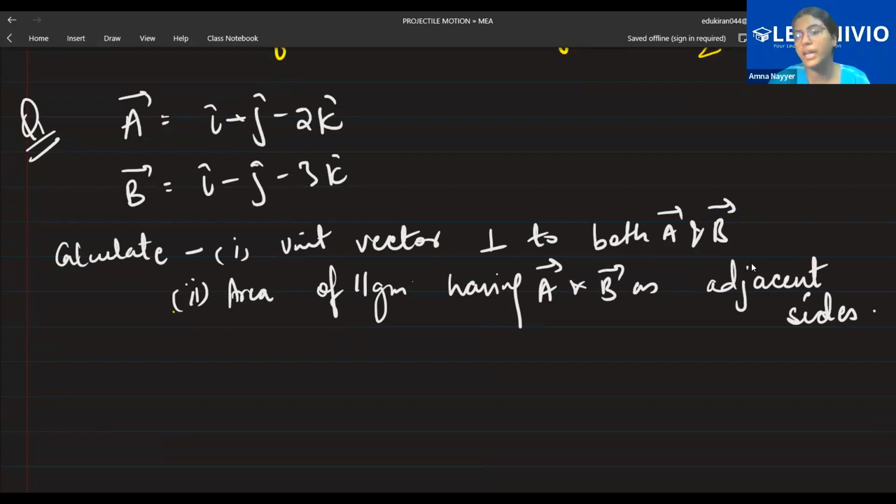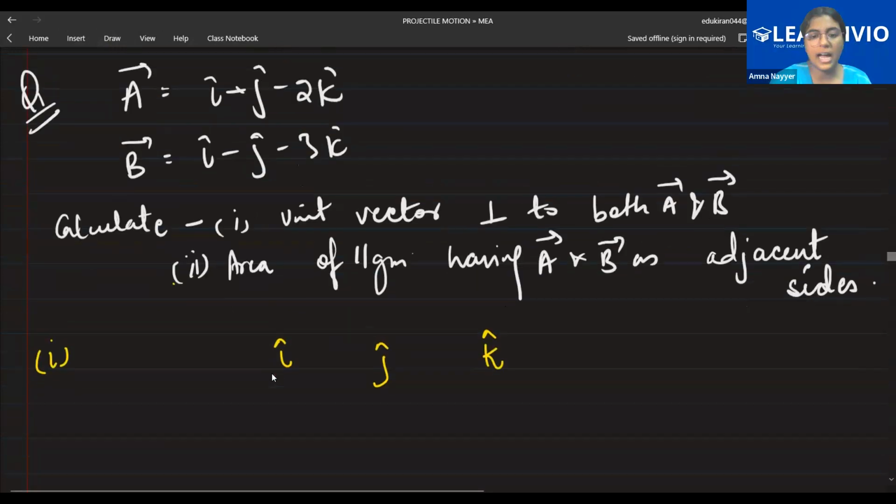All right. So in this, the cross product is I cap, J cap, K cap, you will write 1 for J cap, minus 2 for K cap. Okay. Next is 1, minus 1, minus 3.